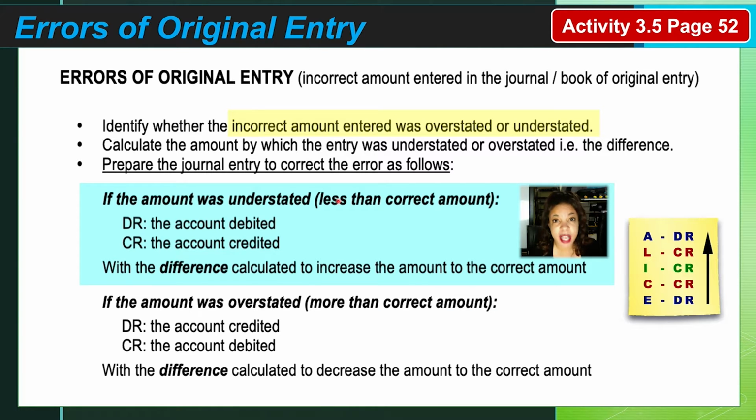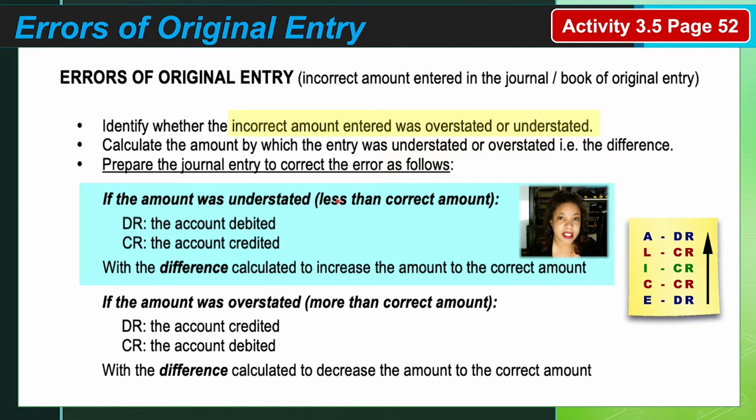So that is why you're going to have to identify. So for example, if the original entry was credit sales, and instead of crediting sales $100, you credited sales $10, which is less, you're going to have to add the $90 to make it 100. Sales is a credit account, and therefore you're going to credit.